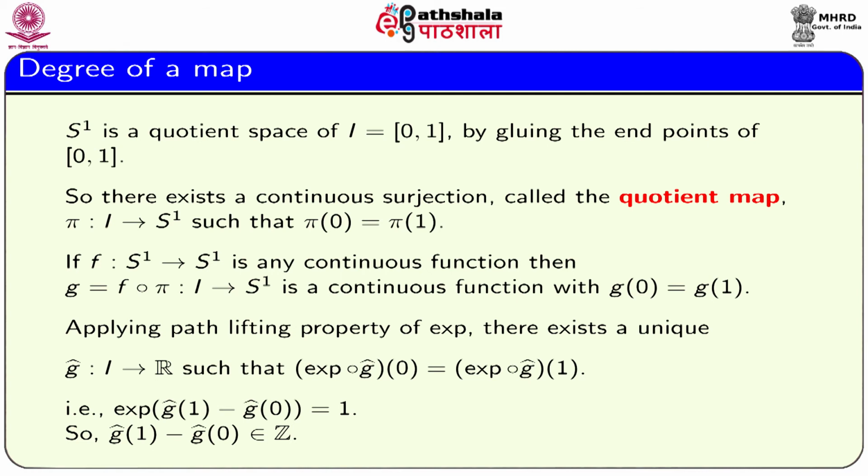Now we are applying the path lifting property of the exponential map to get a unique lift g cap from I to R such that exponential composed g cap evaluated at the point 0 is equal to exponential composed g cap evaluated at 1, because exponential composed g cap is equal to g by the definition of a lift.